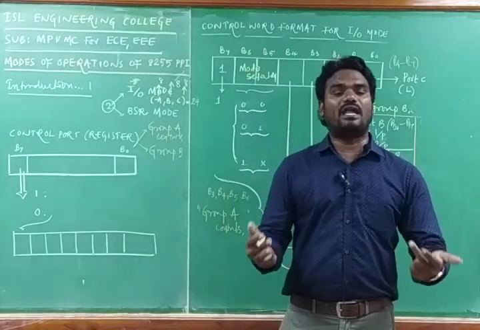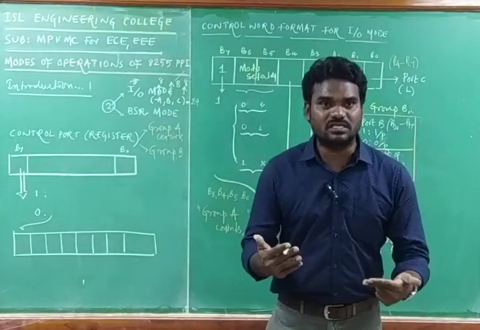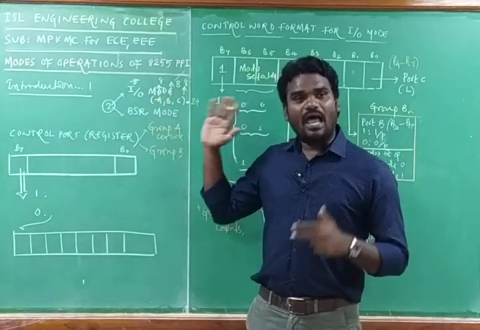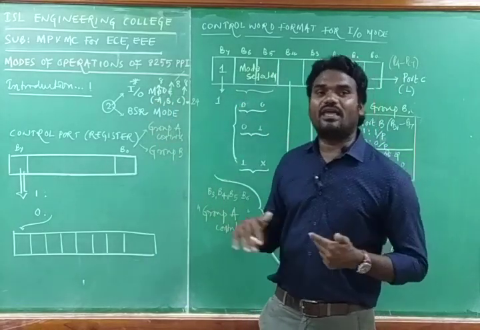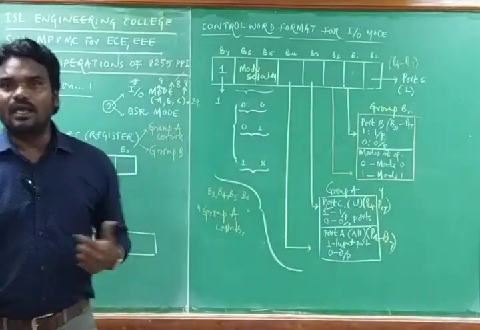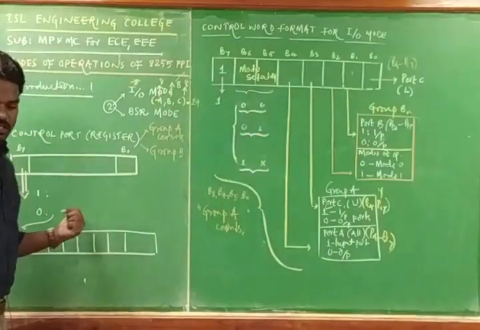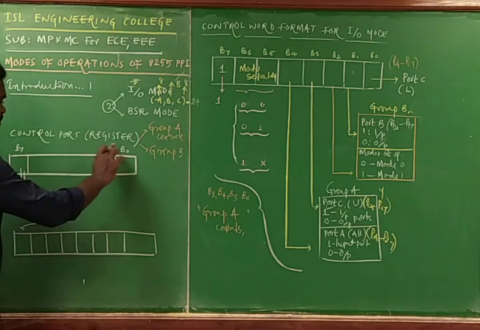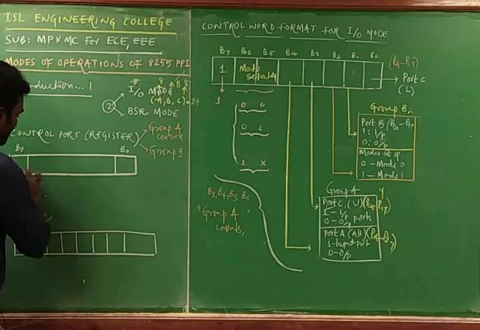Then how can we program that control register to make the 8255 work in the IO mode or in the BSR mode? By programming the MSB bit of that control register. How many bits are there in the control register?